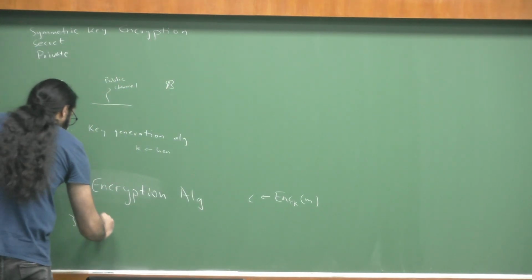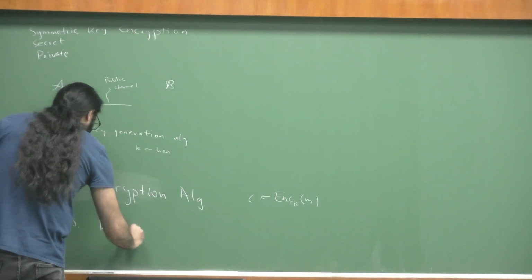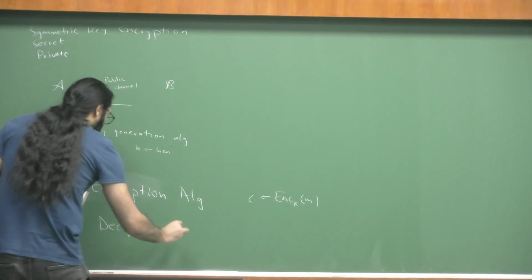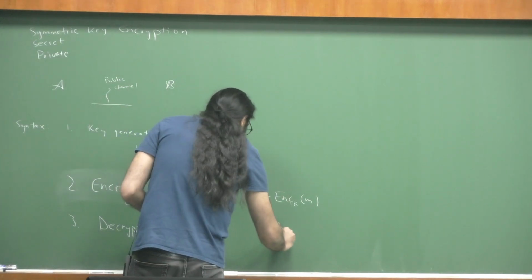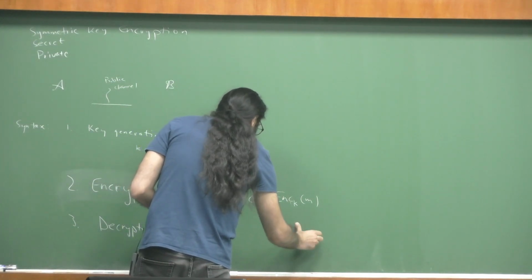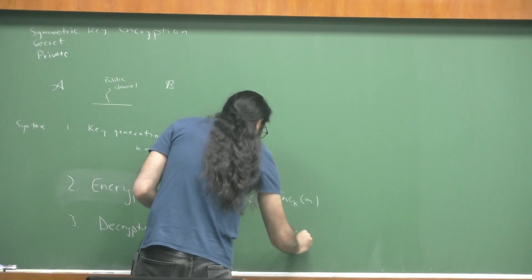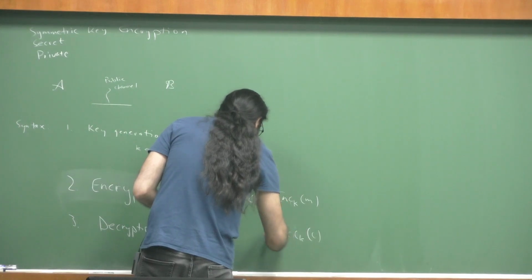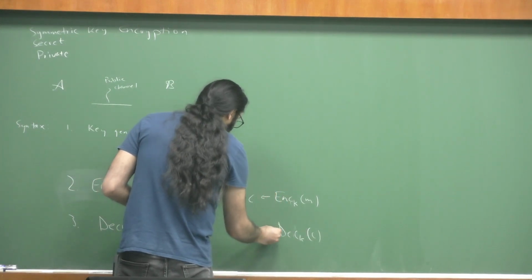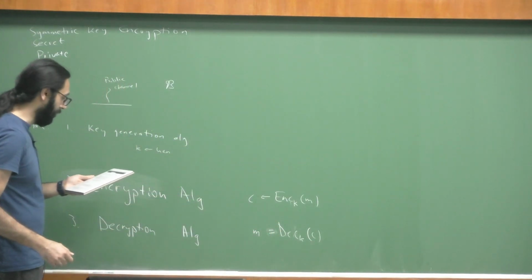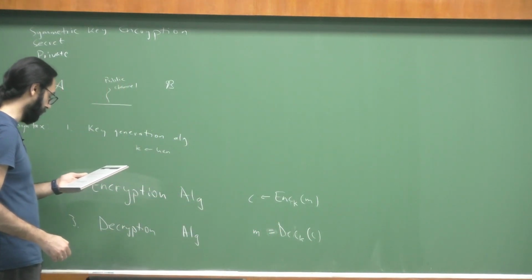And then there's a decryption algorithm, which takes as input the key k and a ciphertext and gives you the message m.